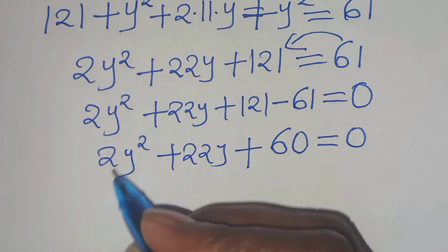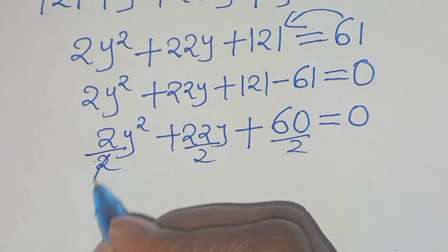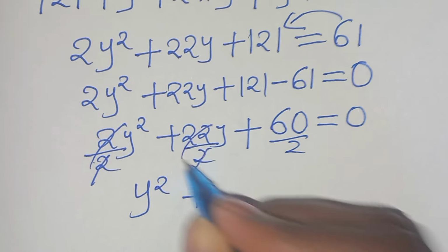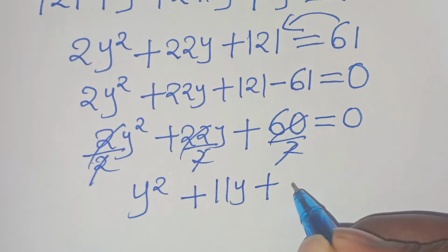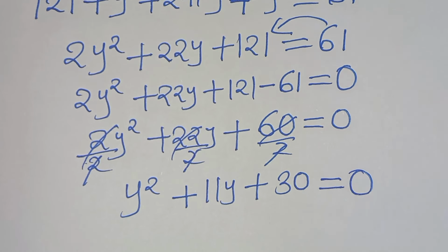Now we can divide through by 2, so that we have y squared plus 11y plus 30 equal to 0.